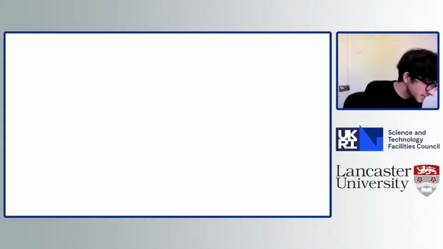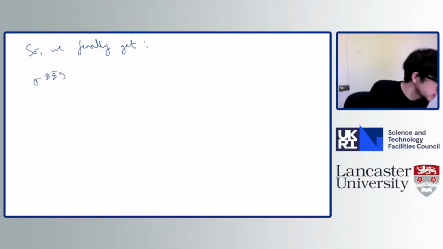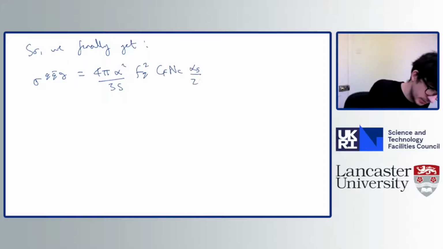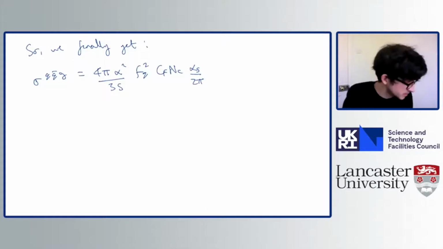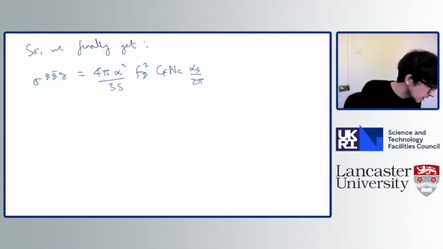So when the dust really settles, I've given you a few of the elements of how you get there, but not all of them, of course. But you end up with this. So this stuff we've had before, there's the color factor again. Got an alpha_s over 2 pi, because we've got the first order QCD correction, the gluon coupling squared.